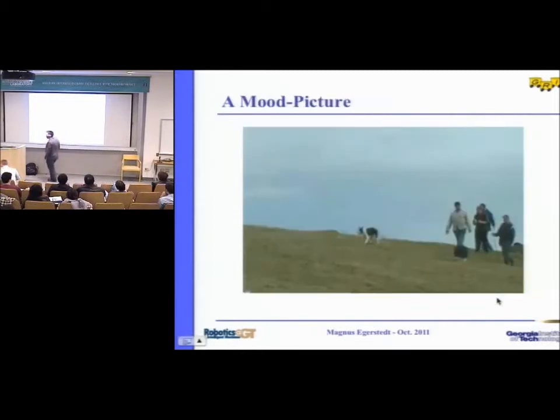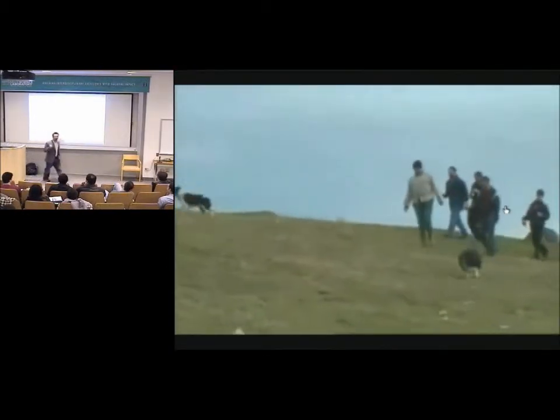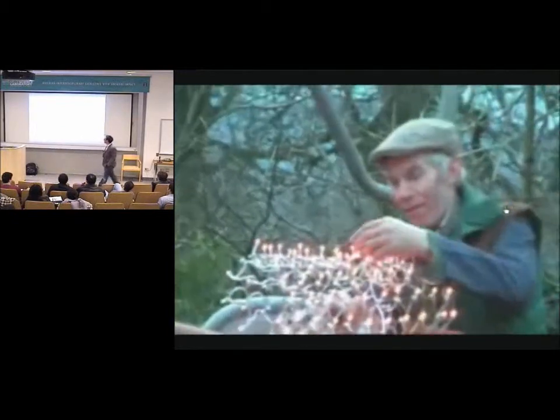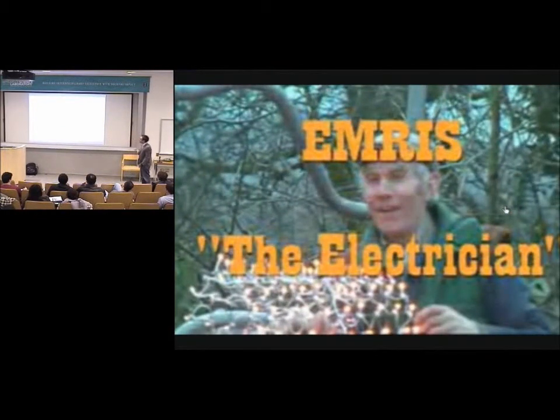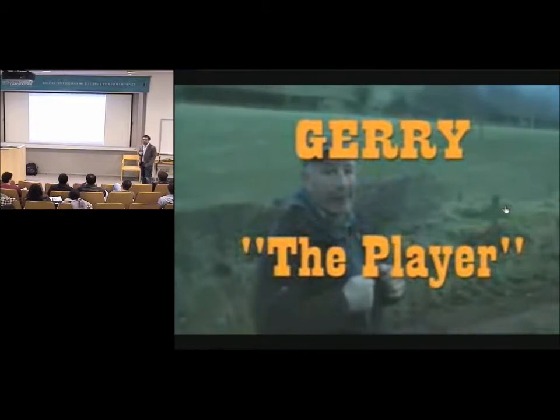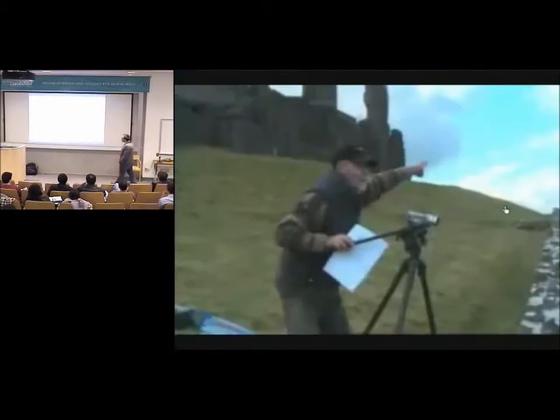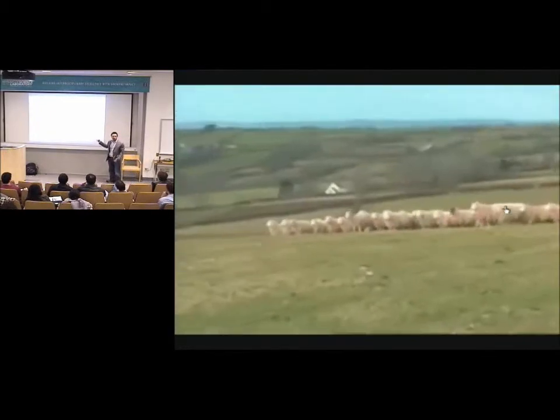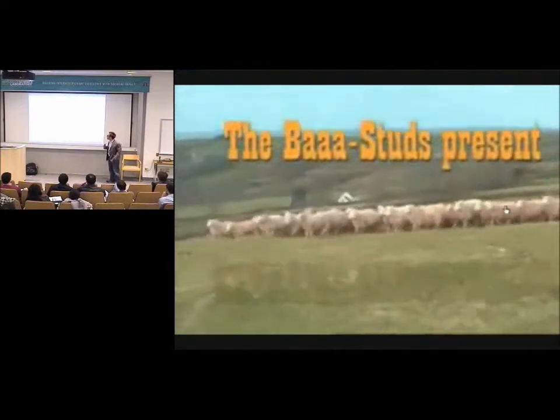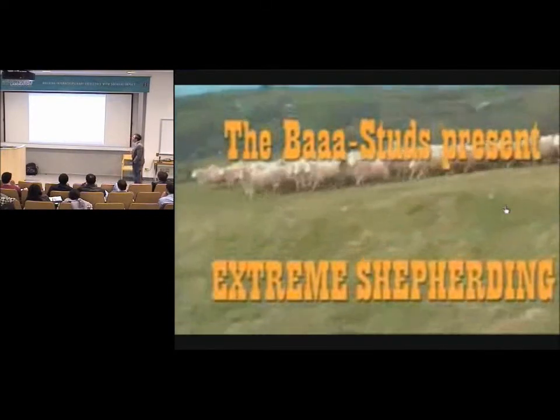And I need to start by showing this video about, this is the coolest thing about the internet, right? You can find anything. These are a bunch of Scottish shepherds with too much time on their hands. Has not too much to do with this talk, except this is again showing what I want to do with my robots.